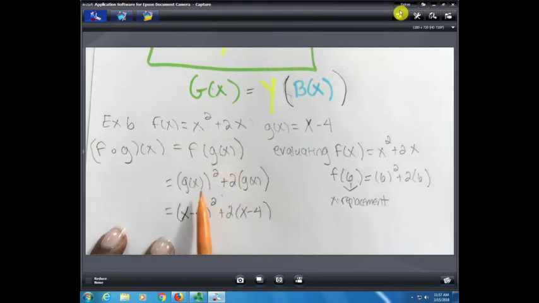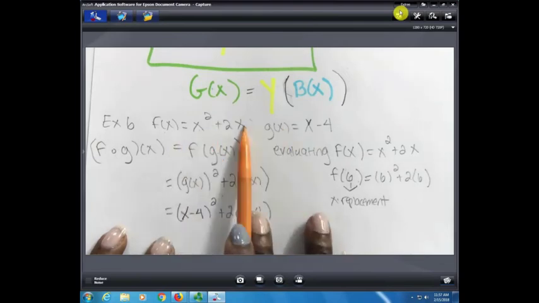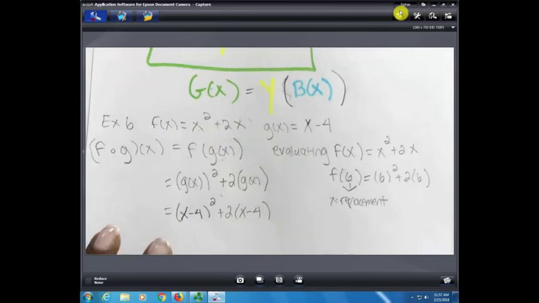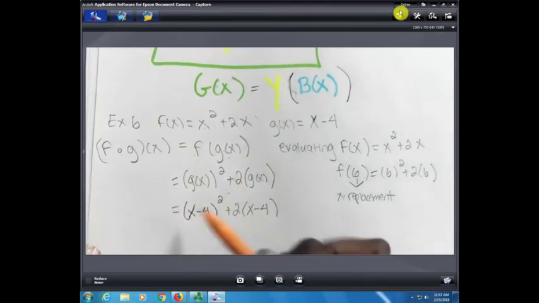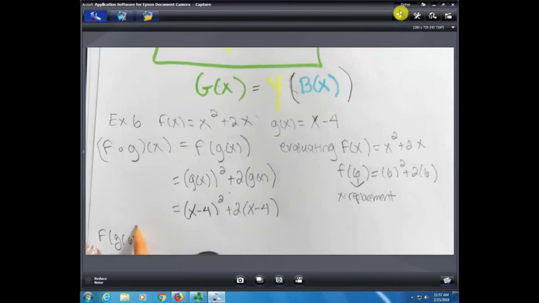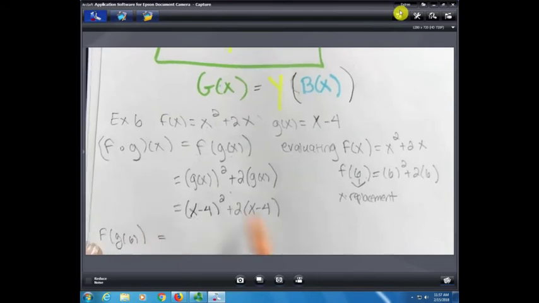Now your book wants you to evaluate this new function at 6. So all that means is plug in a 6.